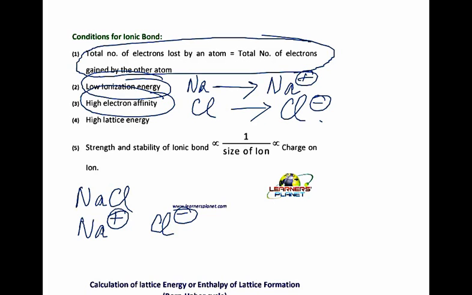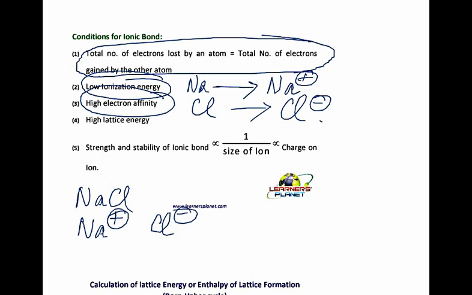So two things are very important: the low ionization energy and the high electron affinity. There should also be a high lattice energy. High lattice energy means the potential energy after the formation of the bond should be very low, or there should be energy released during the formation of the bond, which will give stability to that particular electrovalent bond.